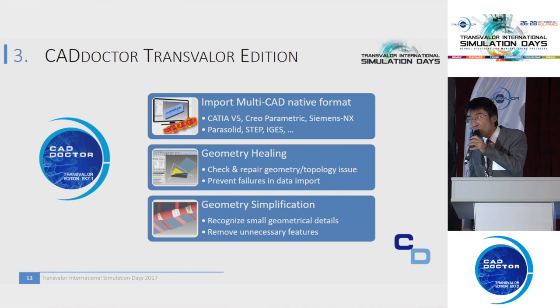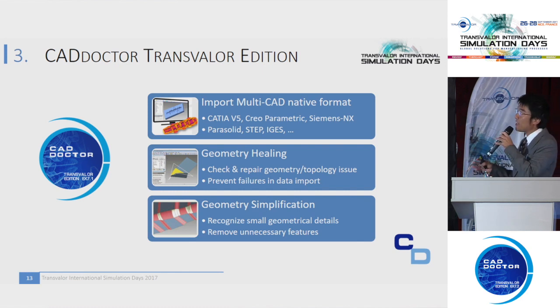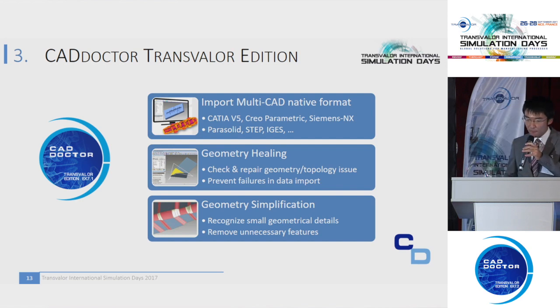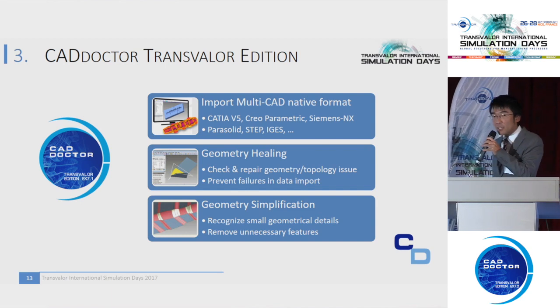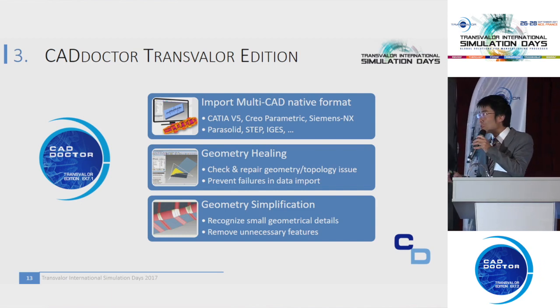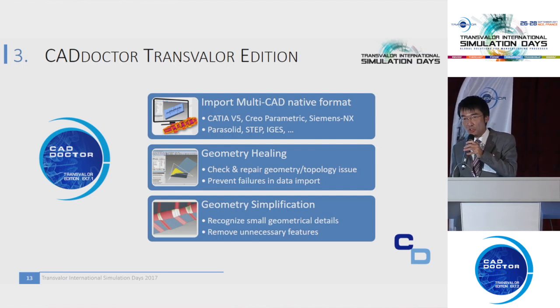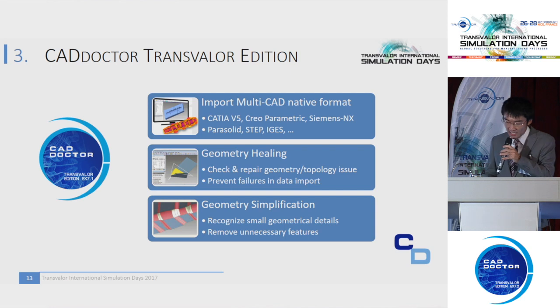This is really important to prevent failures in data import so that you can reduce the many troublesome back and forth exchanges between CAD and CAE. And the final one is geometry simplification. This is the defeaturing of, for example, tiny fillets or holes, and so on, or you can reduce the data size, for example. This is, in some cases, really useful for a smooth transition to CAE so that you can get a high-quality mesh and high-quality results from the CAE analysis.